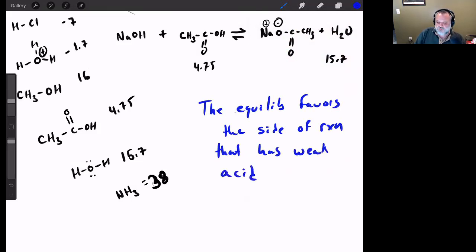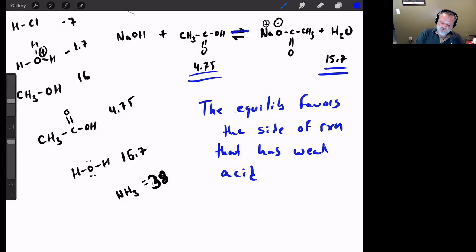And so what do I do? If I'm armed with the pKa's, then I can take a look and say, well, 15.7 is higher than 4.75. So we could say that the water is a weaker acid than the carboxylic acid. And so that's the side of the reaction that's favored.